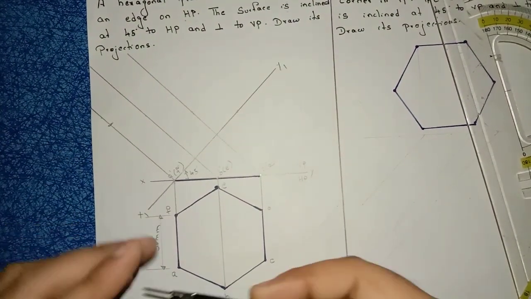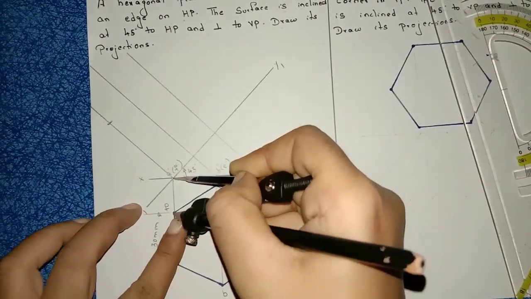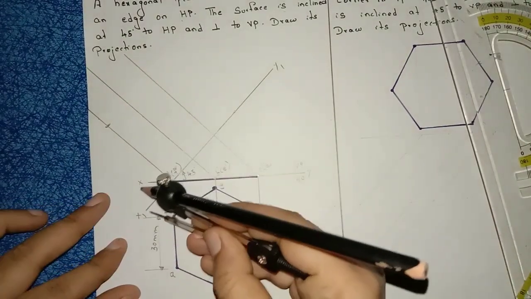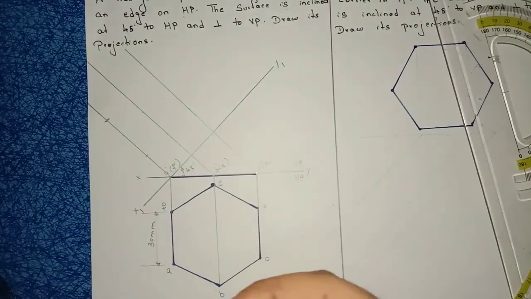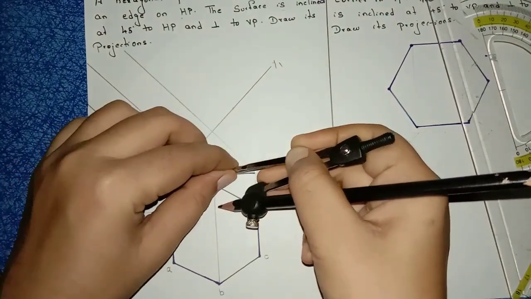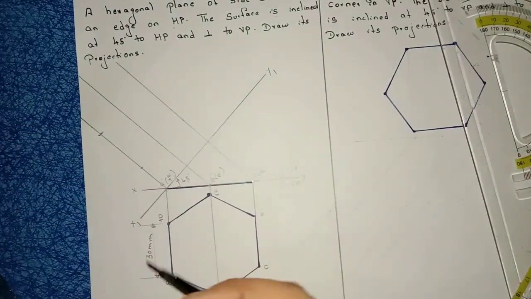Then F point is there, no? From the actual reference line to F point, I will take this distance with the compass, right? And this is the new reference line. I will place my compass here and I will mark the point. Then next, this is the actual reference line. From the actual reference line to B point, I will take this distance with the compass.